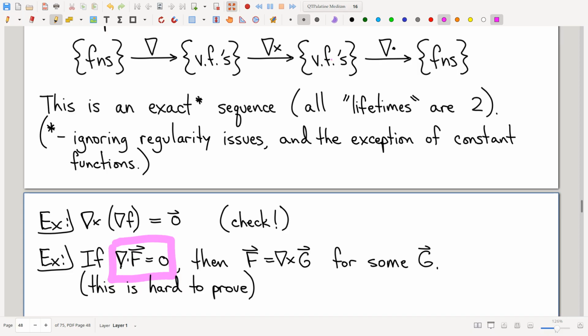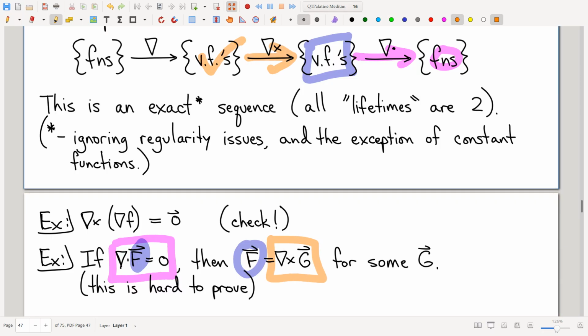If the divergence is 0, then that vector field, whose divergence was 0, must be the curl of some other vector field. And that's not at all clear. It's something we'll talk about later on.